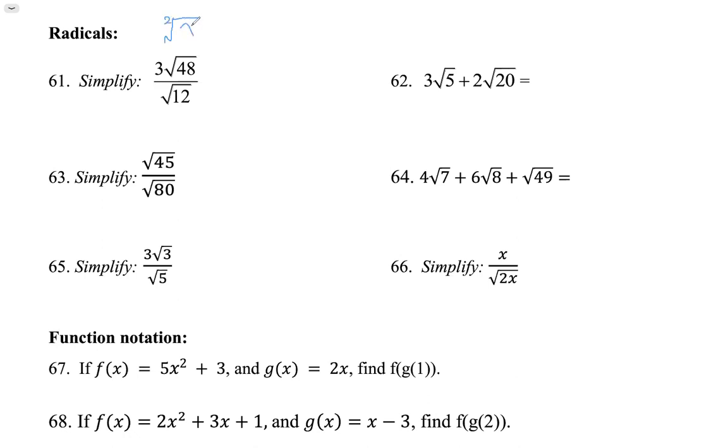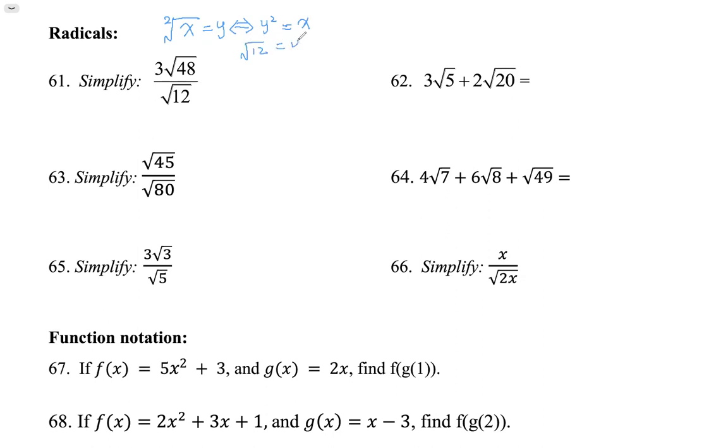Let's say we have y equals the square root of x. That means y squared equals x, right? So that's what it means. Let's use an example: the square root of 12.